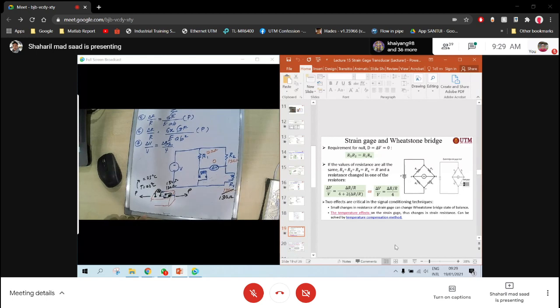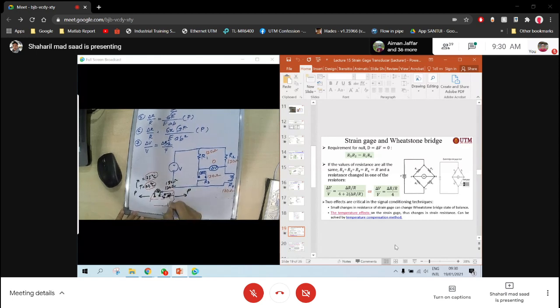We call this one R3. Let's look again. The initial value is 120 ohm, and this one is 120 ohm also, at the temperature of 20 degrees. Then the temperature changes to 25 degrees.